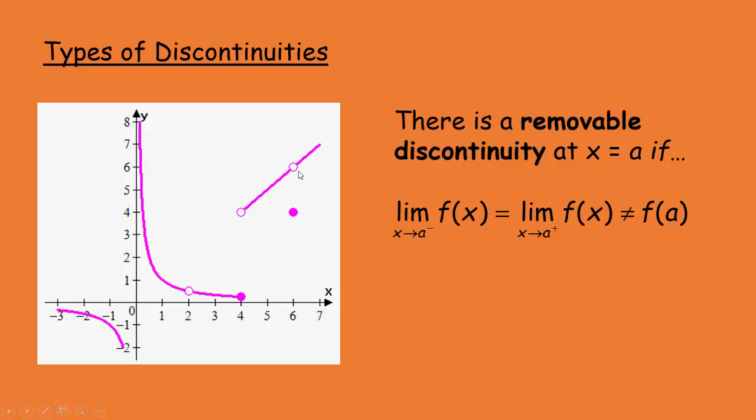Or in other words, if you filled it in with one point, it would be continuous, right? If I filled this in, this graph wouldn't be continuous. This jump is something that is going to be kind of difficult to fix, if you want to think of it as fixing.